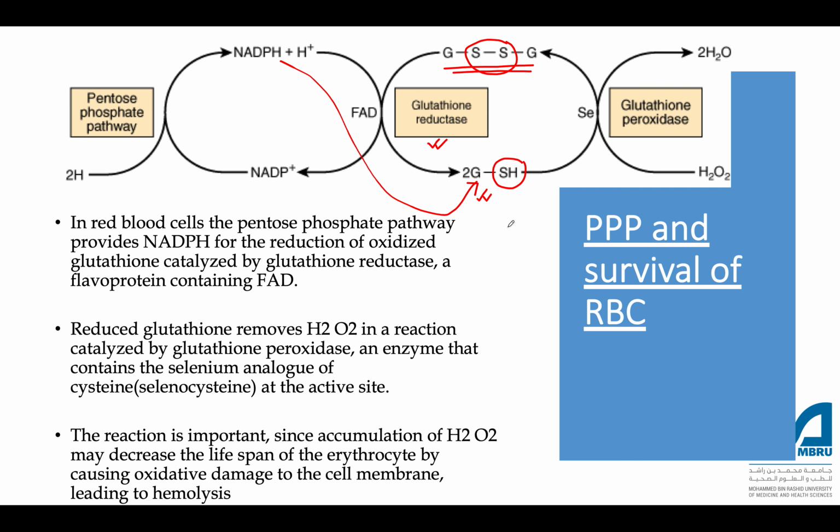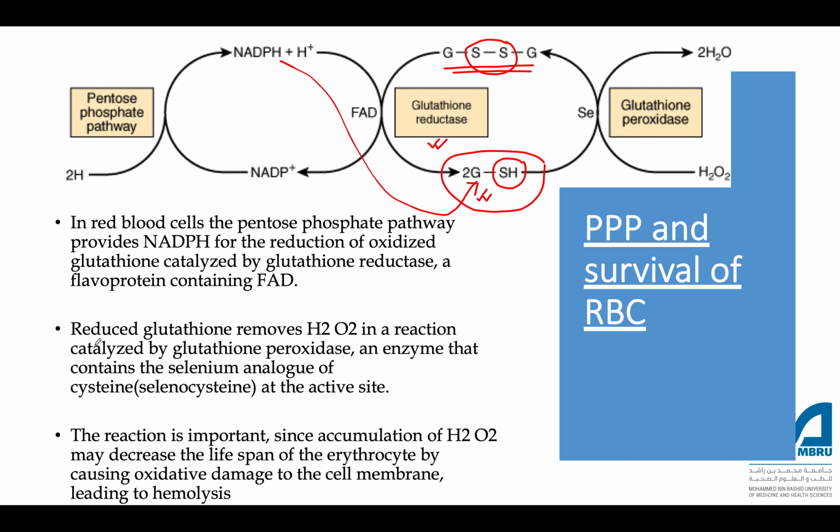Superoxide radicals have oxidative properties which may damage the erythrocytic cell membrane, affecting the integrity of the cell. So these superoxide radicals have to be neutralized, and the neutralization process is mediated by the reduced glutathione.